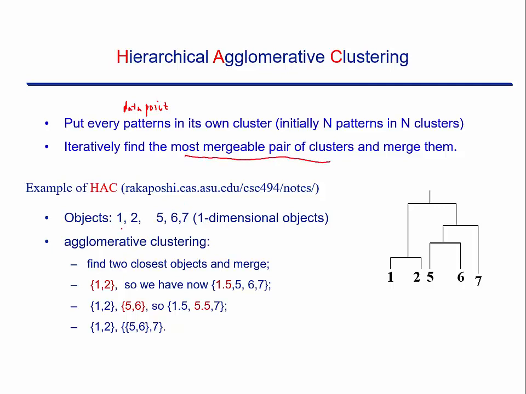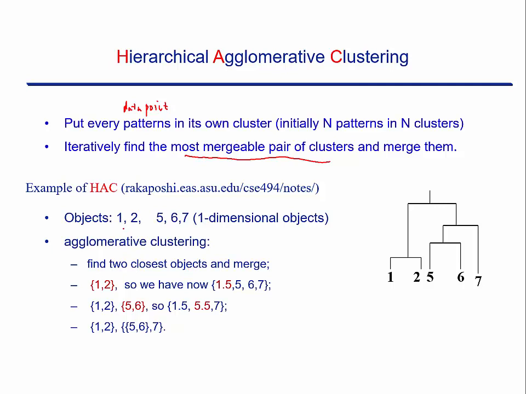Now let's look at another example of hierarchical agglomerative clustering using a one-dimensional example. Again, we use the numeric difference as the distance between objects. First, all the 5 numbers are put in individual clusters. Then we find the 2 closest objects and merge them.